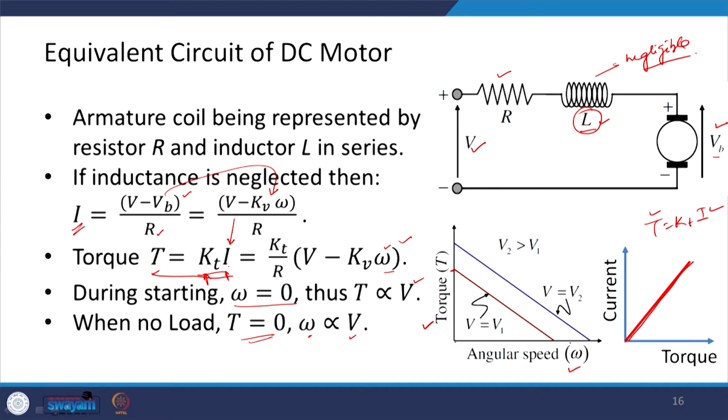When there is no load, that is when the torque requirement is 0, we have the maximum angular speed. This is the characteristic corresponding to voltage V1, and corresponding to voltage V2, if V2 is greater than V1, naturally the torque is going to be more.